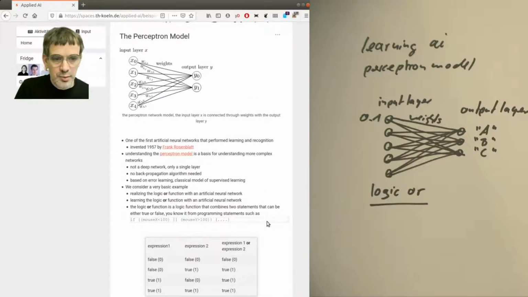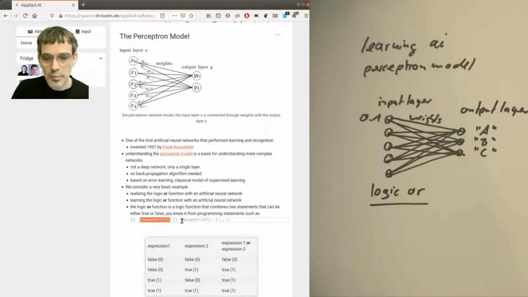I've put an example in the script that I think you should all be familiar with from your coding practice. It's this expression here where we combine two expressions. The first one checks whether the mouse in the X direction is smaller than 100.